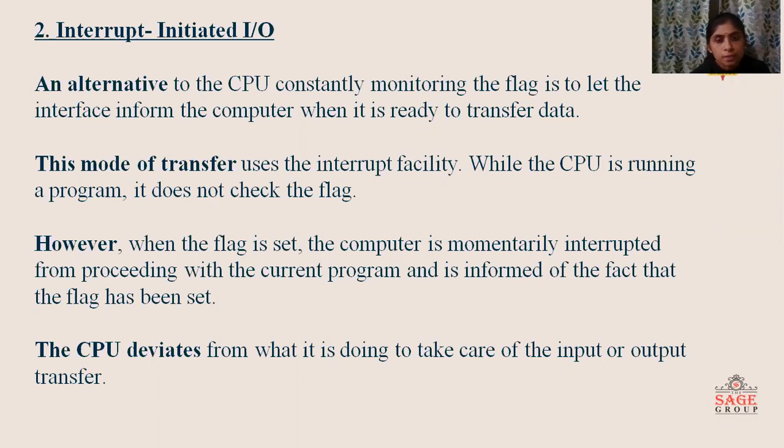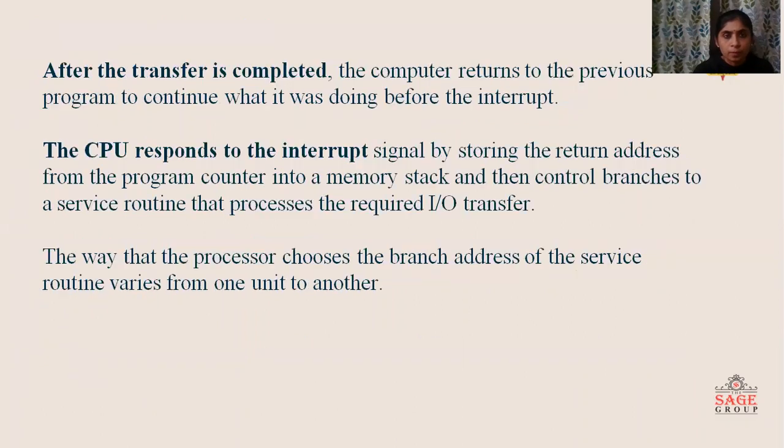However, when the flag is set, the computer is momentarily interrupted from proceeding with the current program and is informed that the flag has been set. The CPU deviates from what it is doing to take care of the input or output transfer. After the transfer is completed, the computer returns to the previous program to continue what it was doing before the interrupt.